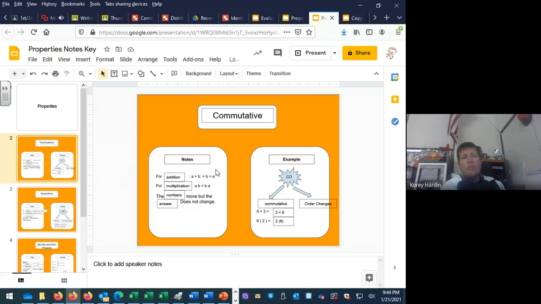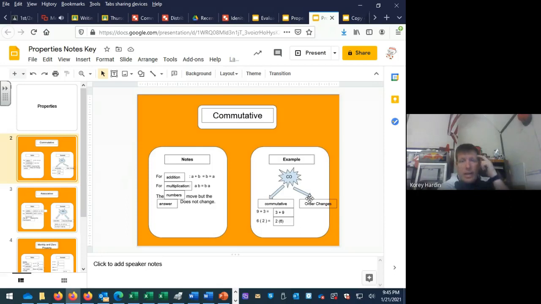All right? Now let's look at multiplication. A times B equals B times A. All right? As you can see right here. Using numbers, 2 times 4 equals 4 times 2. Both sides, the answer you're going to get is 8. Okay? So let's use a code word for this. I've got a code word over here. The code word I'm going to use is CO because commutative order.